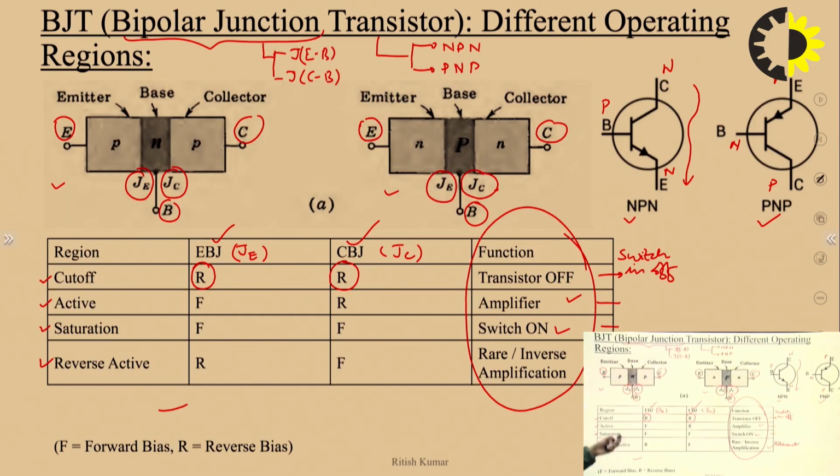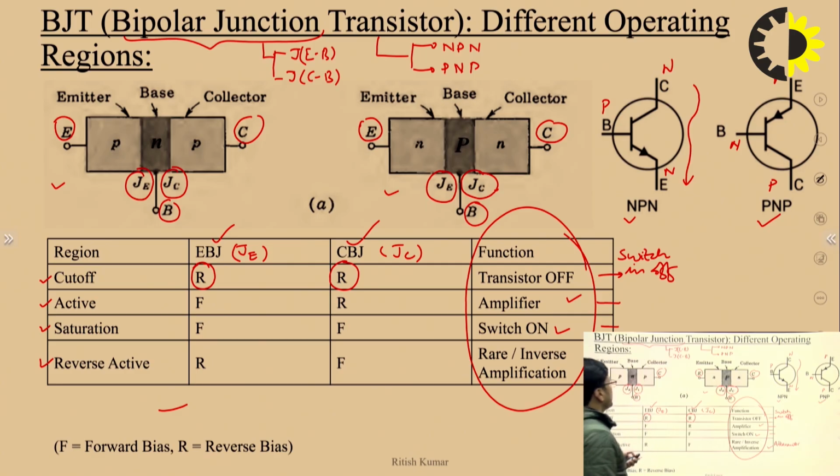So in the last slide we can see here, this is emitter, base, collector. So in the figure, what kind of doping we need to have in the case of emitter, base and collector. The emitter is highly doped, and the base is lightly doped, and the collector is moderately doped.